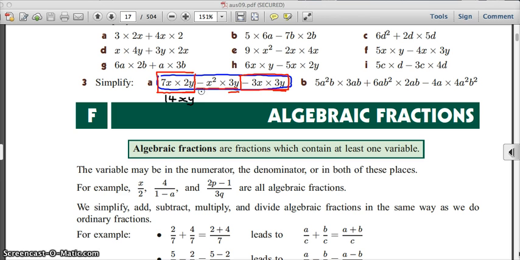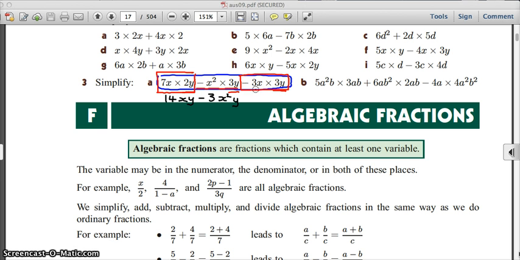Now it's -1, isn't it? Times 3 would be -3. You alright with that? Yep. X squared times y would be 3x squared y.